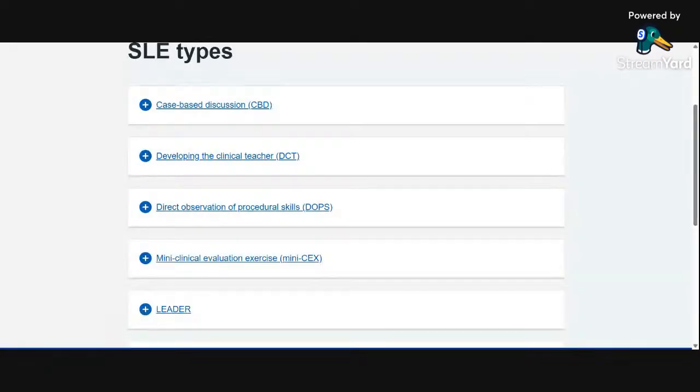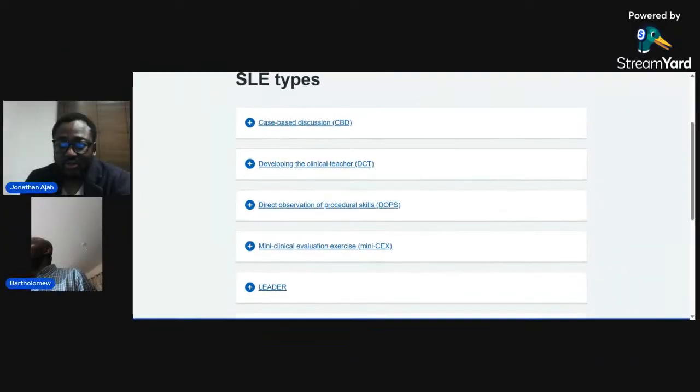Please bear with me. In the meantime, before Bartholomew settles down, I'll just talk about a few key aspects of medical education applicable to the NHS. As many of you would be aware, with the foundation program, there's something called the supervised learning environment.